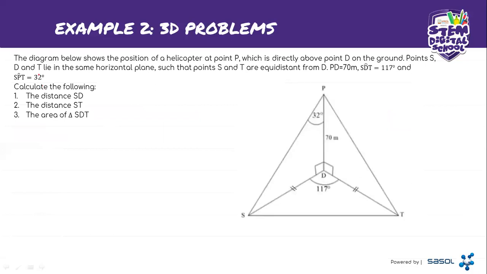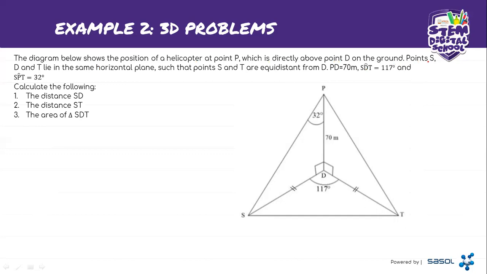All right. Now this one says the diagram below shows the position of the helicopter at point P, which is directly above D on the ground.